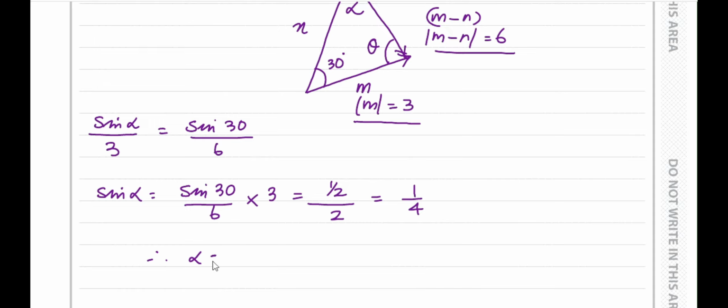Therefore alpha equals sine inverse of 1 over 4, which from the calculator we get 14.48 degrees.